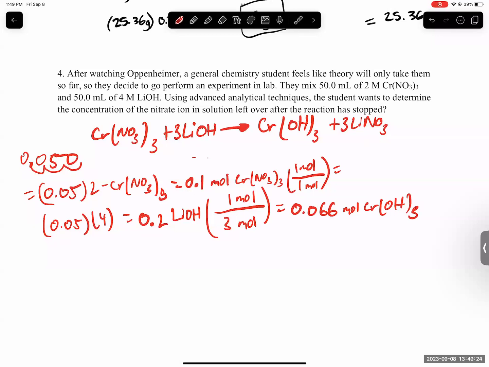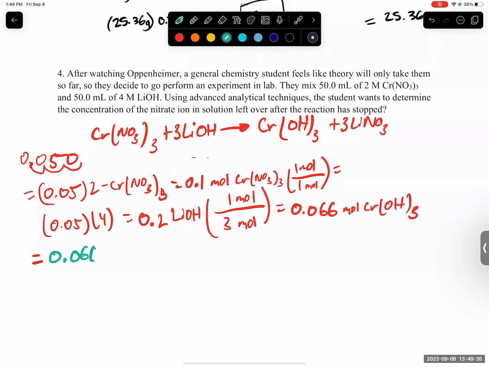Normally, if this wasn't 1-to-1, you would have to do a mole ratio to solve for it. But since it's 1-to-1, this will also equal 0.066 moles of chromium nitrate. And as was said already, we need to go back and find the excess reactant. So if we started off with 0.1 moles of chromium nitrate and we reacted 0.066 moles, how many are left over?